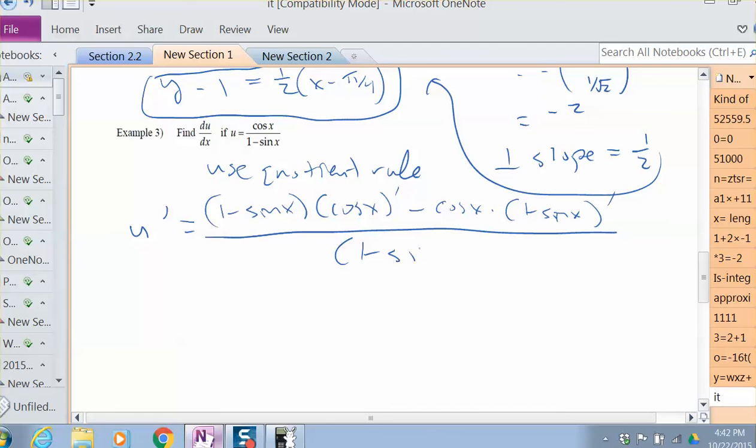And again, away we go. So 1 minus sine x, remember the derivative of cosine was negative sine x, minus cosine x times negative cosine x, because the derivative of 1 is 0, and the derivative of negative sine x is negative cosine x.